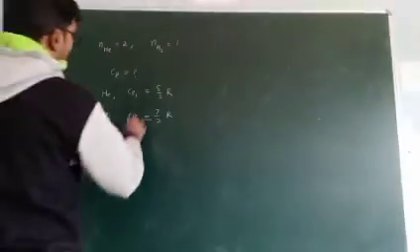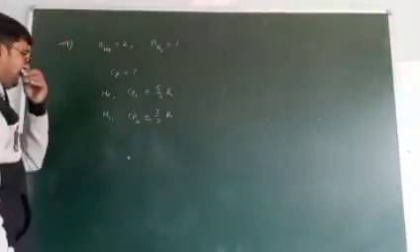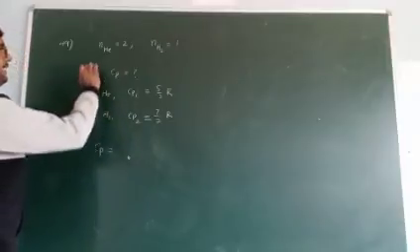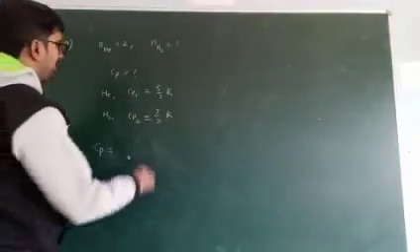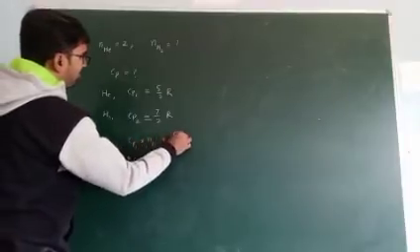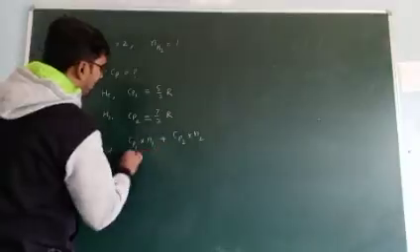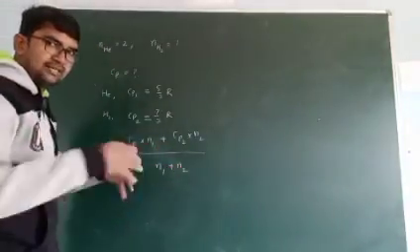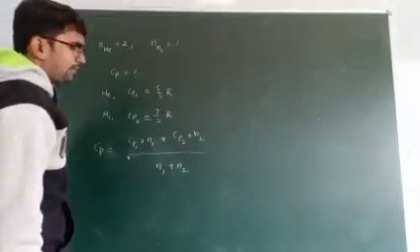Cp1 and Cp2 values are given. The formula for calculating the Cp of the mixture of He and H2 is Cp1 into N1 plus Cp2 into N2, divided by N1 plus N2. It is a mixing formula.